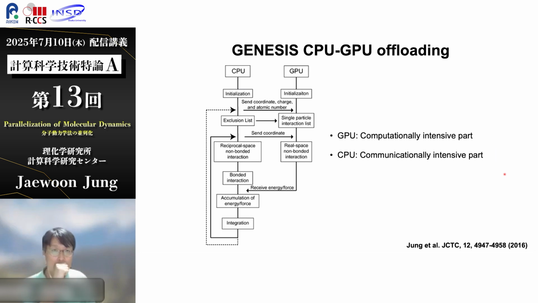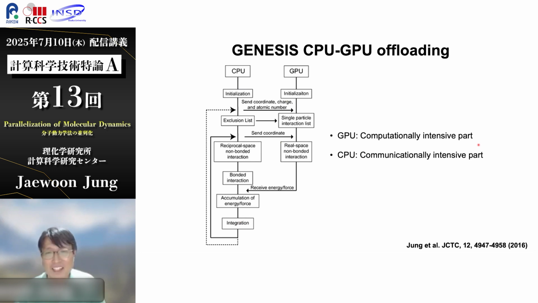And also, in Genesis, we have CPU-GPU offloading, where the GPU calculates only the real space non-bonded interaction, and other parts are done on CPU. So our main concept is to assign the GPU to the computationally intensive part.